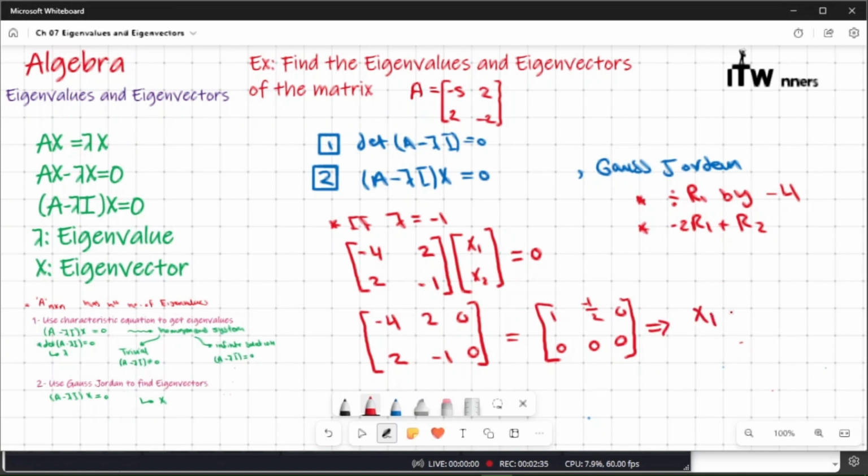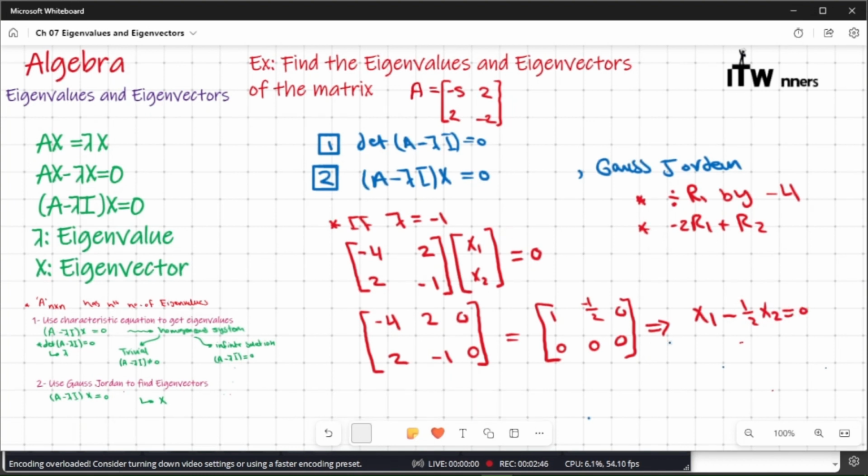Okay, so from here we have x1 minus 1 half x2 equal to 0, an equation in two variables.